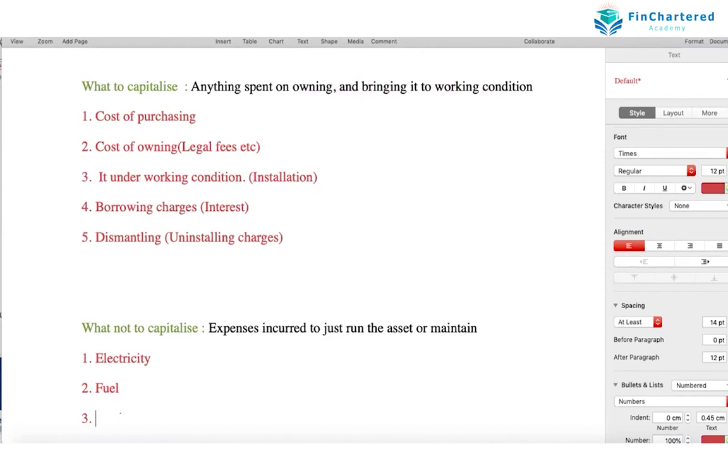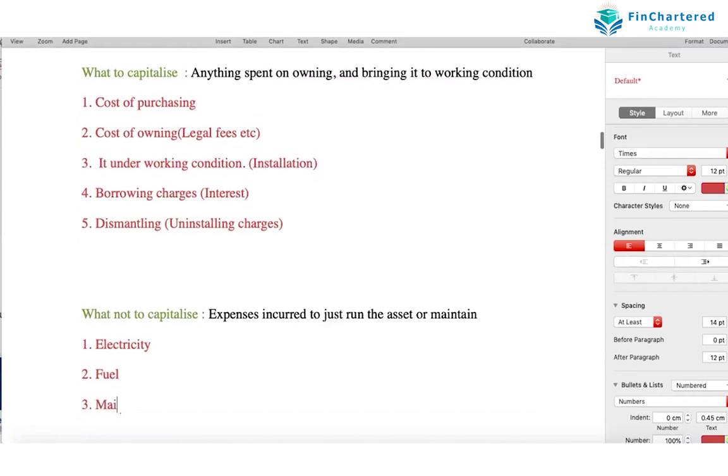What else will not be capitalized? Maybe maintenance and repair. Again, it is an expense of just, yes, Satash. Just to maintain it, just to repair it, whatever it is, you will not include it. Right? What else?